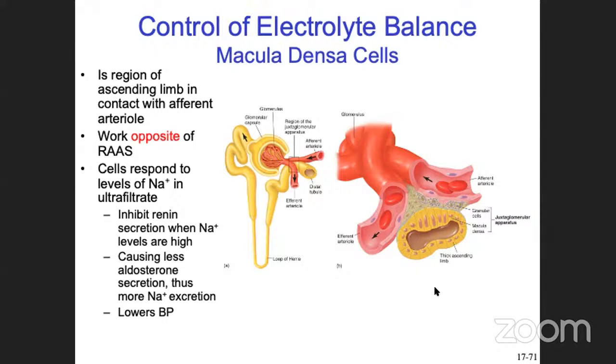But in this case, the macula densa cells react to the level of sodium in the ultrafiltrate by inhibiting the renin production of the kidney. So no more angiotensin 2 being secreted. No more angiotensin 2 means no more aldosterone, no more water or sodium being retained in the kidney, no more vasoconstriction, right?